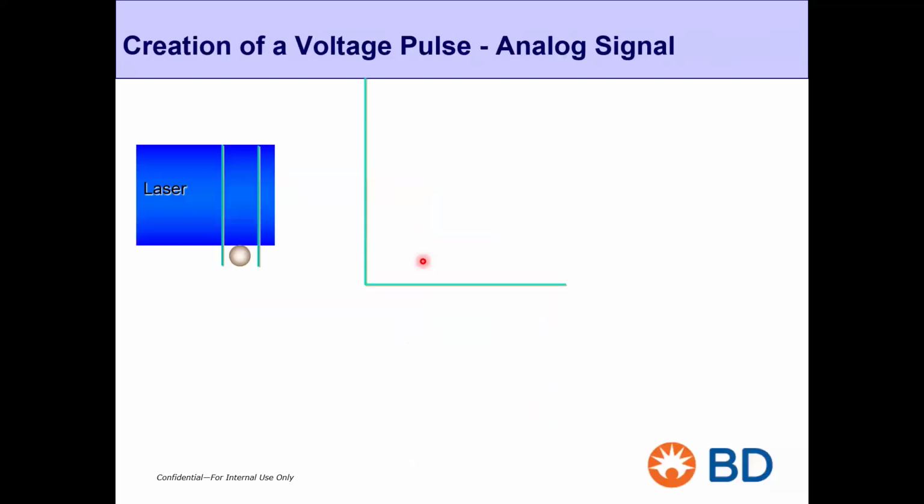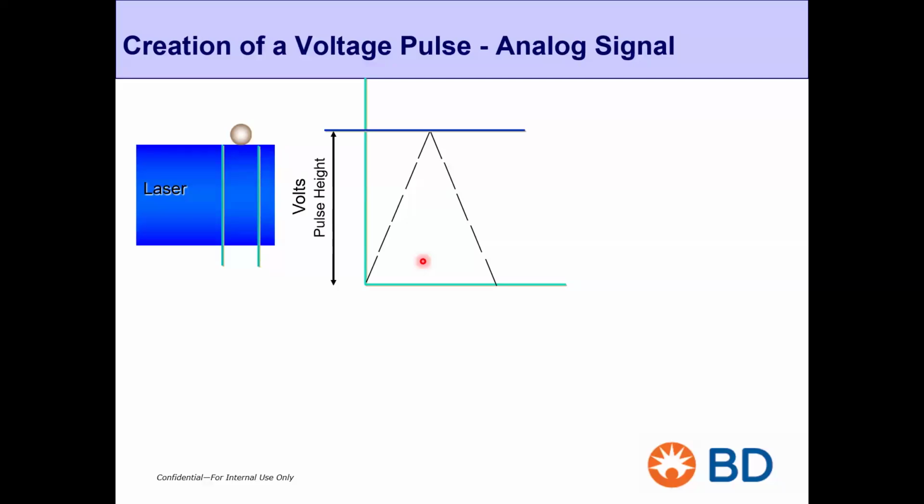So how does this help us? It makes a graph, as you can see here. It is forming a signal and then it's going back. When it gets out of the laser, the signal comes down.